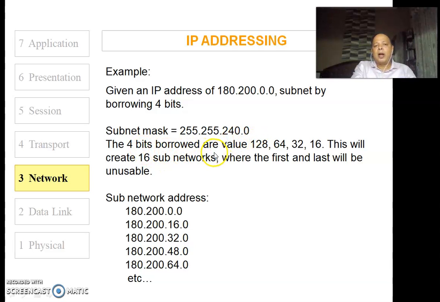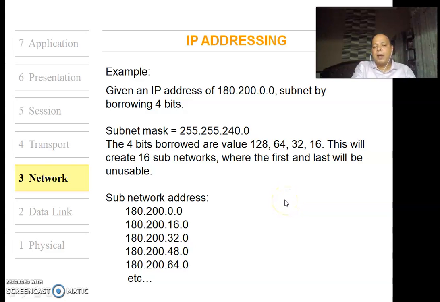The 4 bits borrowed have values 128, 64, 32 or 16. So this will create 16 subnetworks. Here you can see the subnet mask, and if you use this borrowing, then there are possibilities like 128, 64, 32 or 16, and then the subnetwork address.